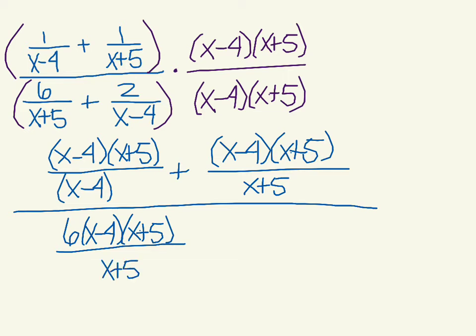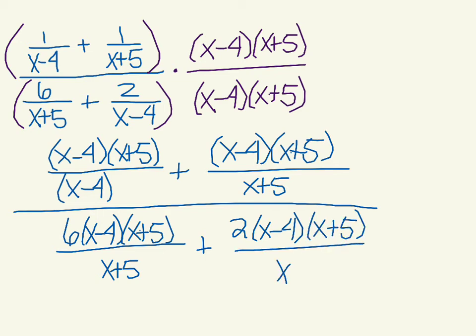And then also doing that again into the second fraction is going to give me plus 2 times x minus 4 times x plus 5 over x plus 5.